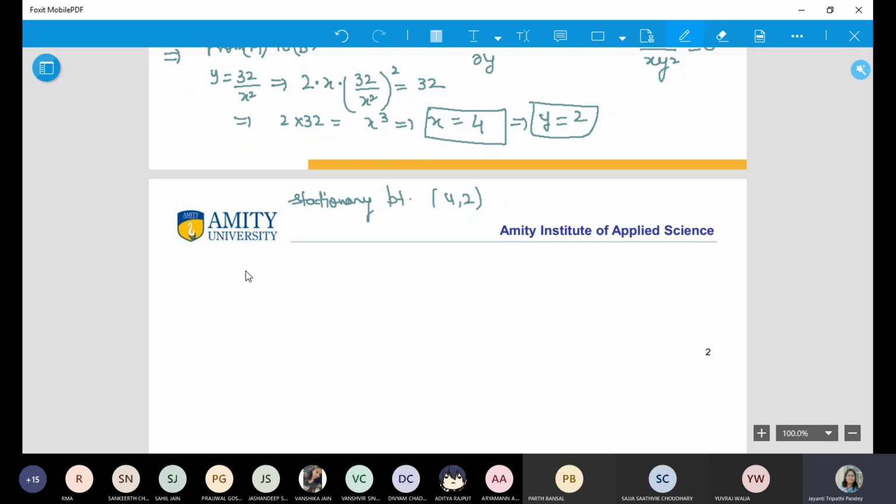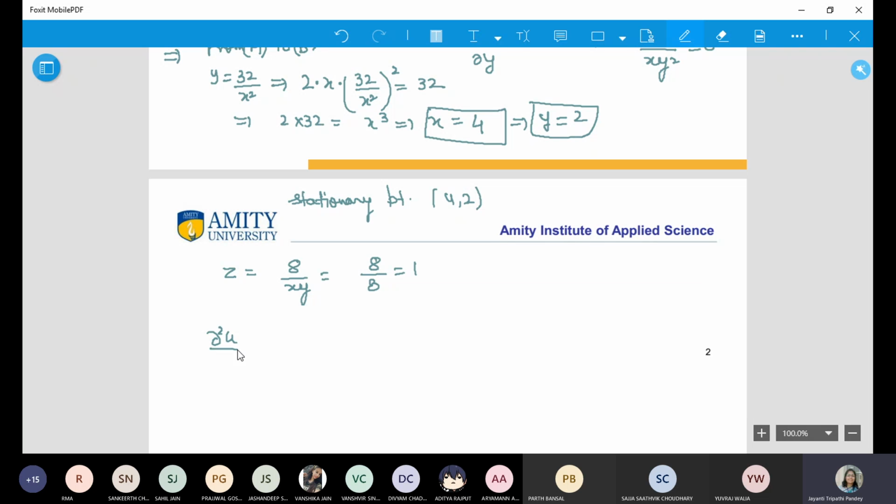Now we need to know the second derivative. What will be the value of z? z is 8 upon xy, and that is 8 upon 8, that is 1. Okay. Now find the second derivative.